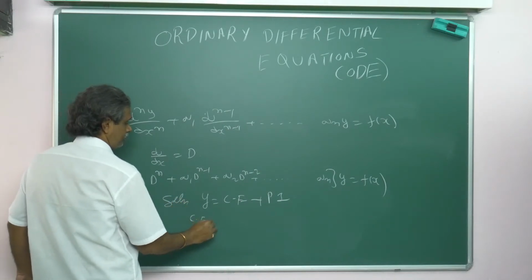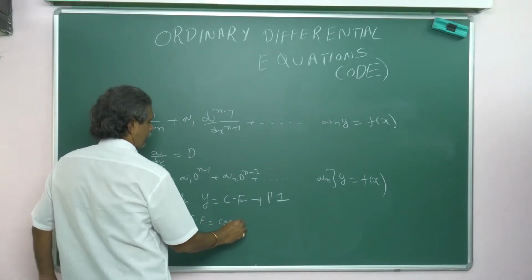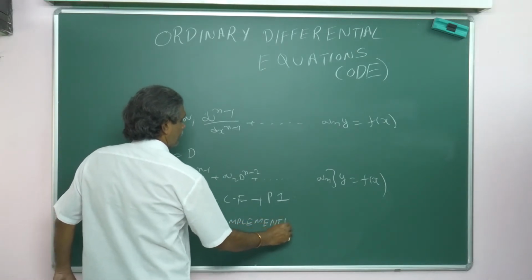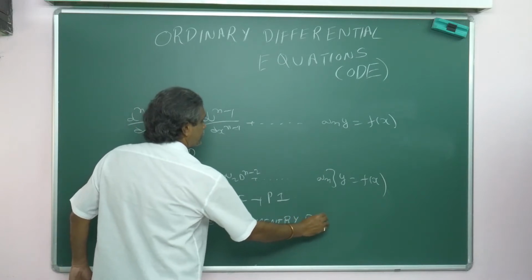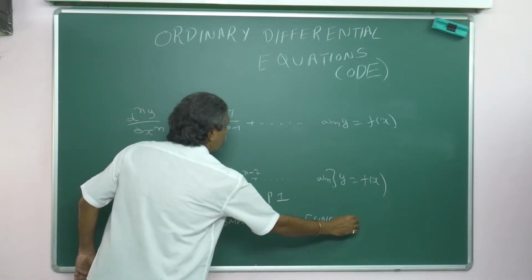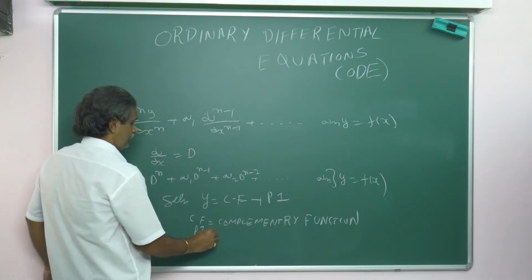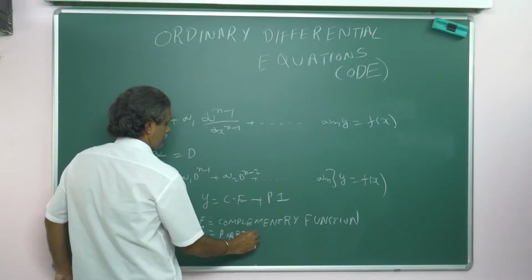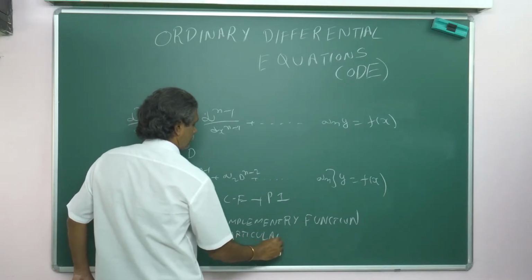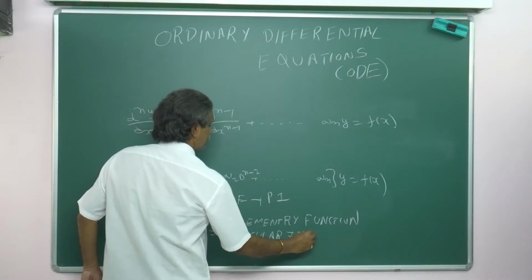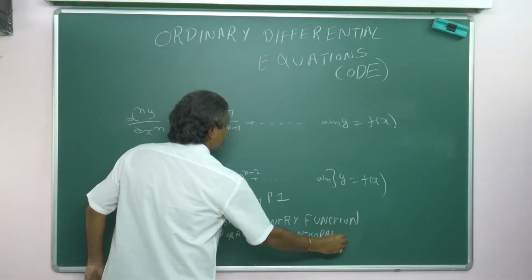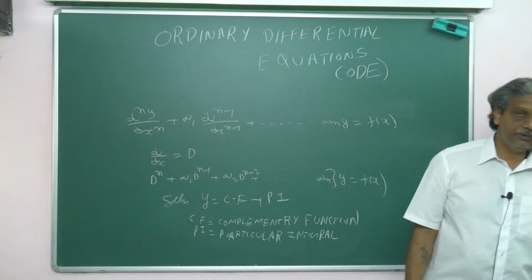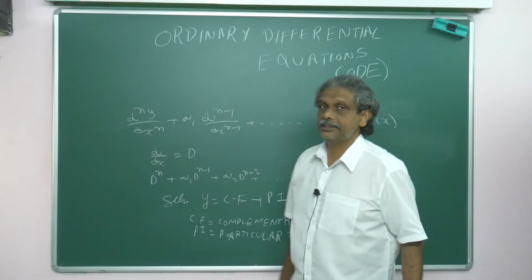CF is the complementary function, and PI means particular integral. Then we discuss one by one how to find CF, and then the PI.